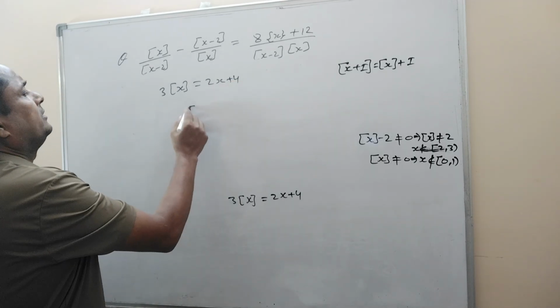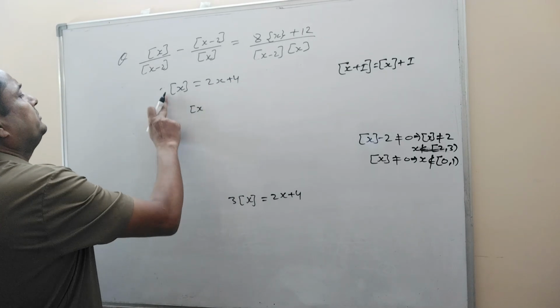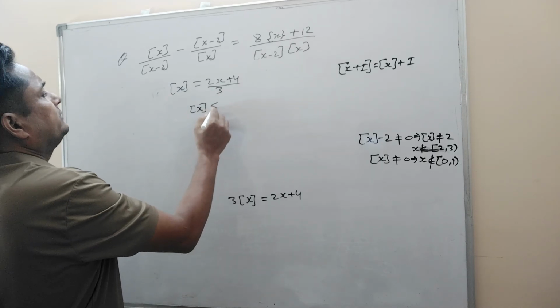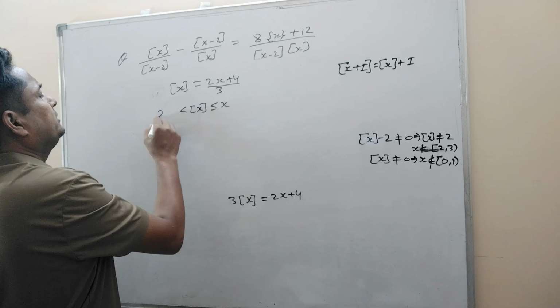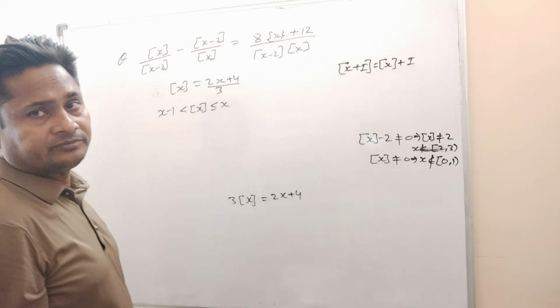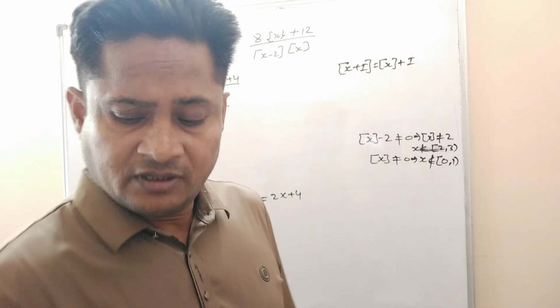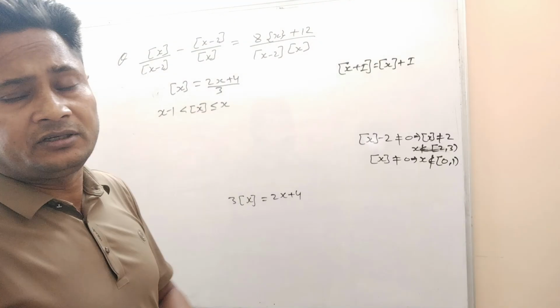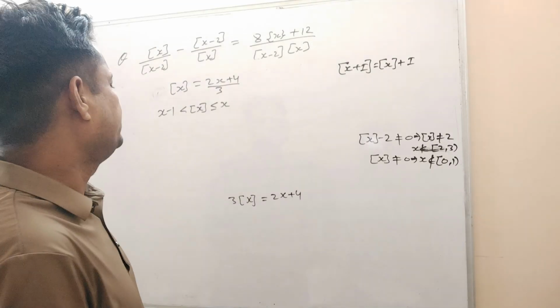Now this can be written by dividing by 3. Now greatest integer of x is less than or equal to x and greater than x minus 1. By using this we can find the expected interval in which the solution can lie.